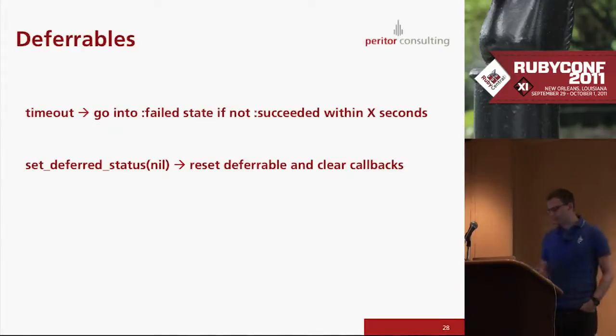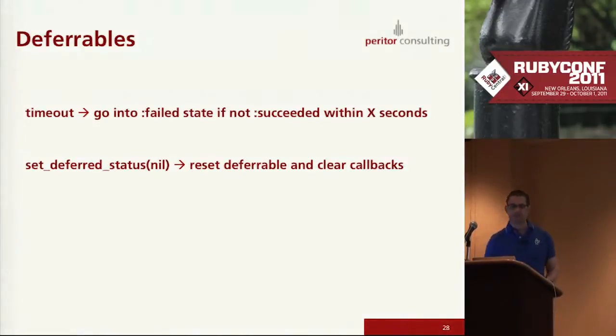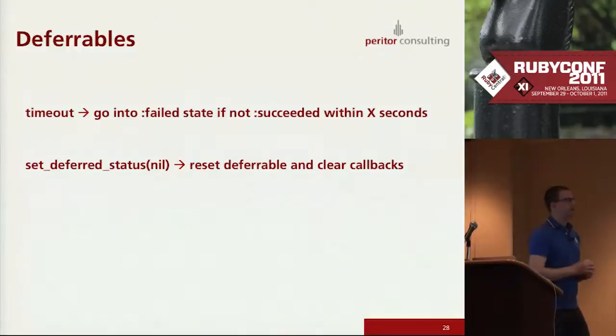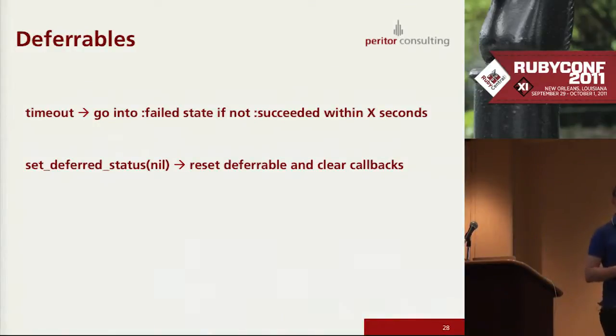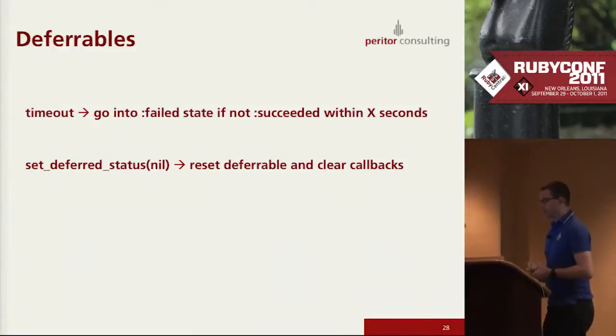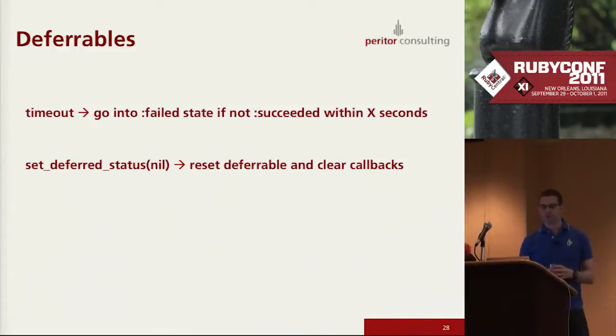Another couple of things on deferrables: they have timeouts. So you can give a deferrable a timeout. If it's not succeeding within a specified amount of seconds, it will automatically fail. And you can also reset them, which is a nice way to schedule work.